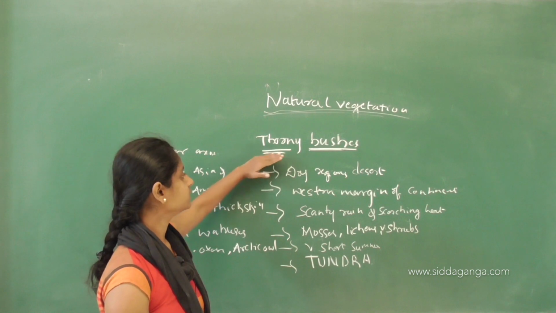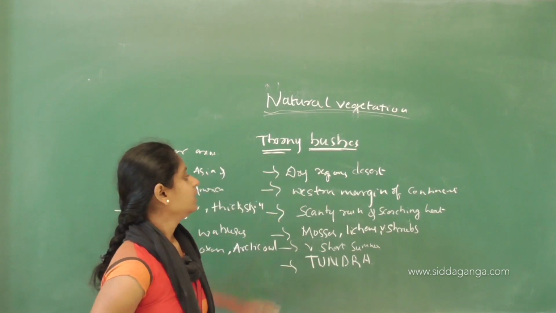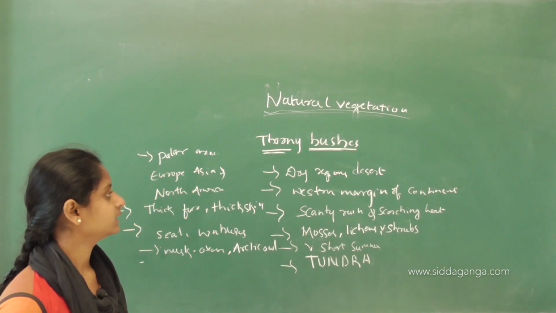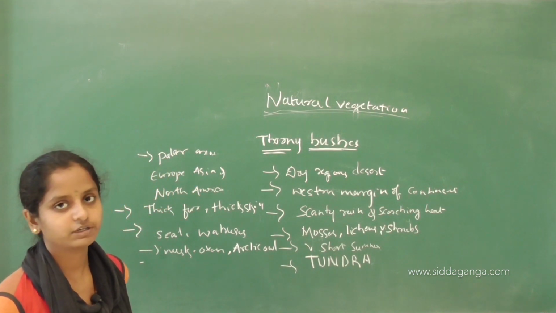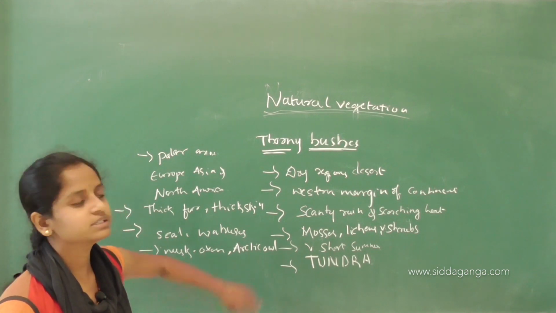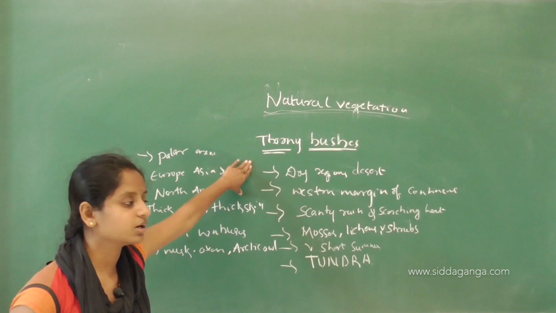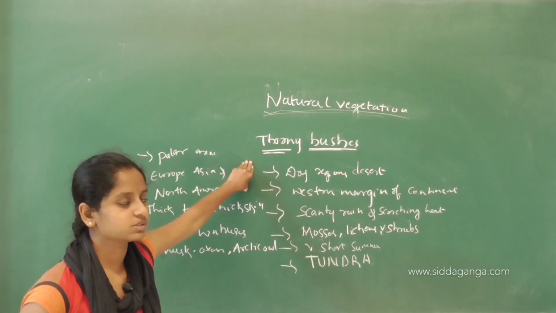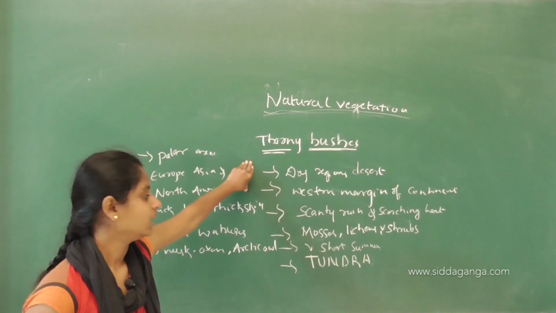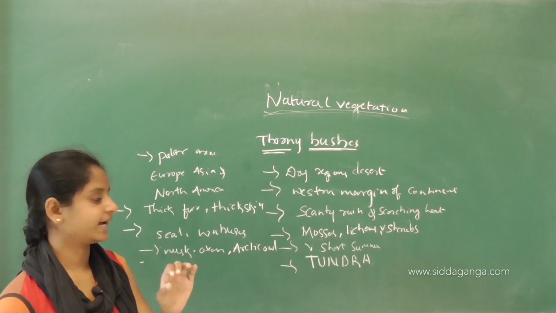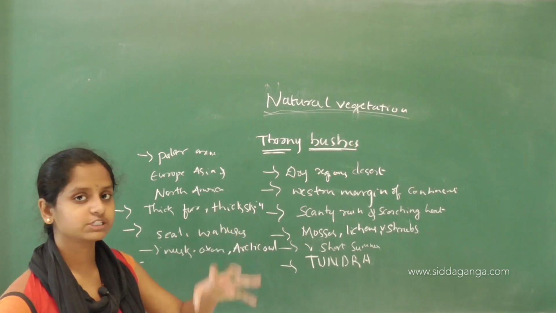Here these thorny bushes can be seen in the dry regions of the desert, at the western margin of the continent. Here it will be scarce vegetation, because rainfall will be very scanty and there will be a scorching heat effect.